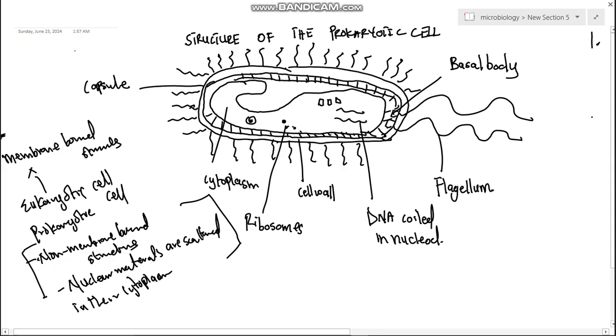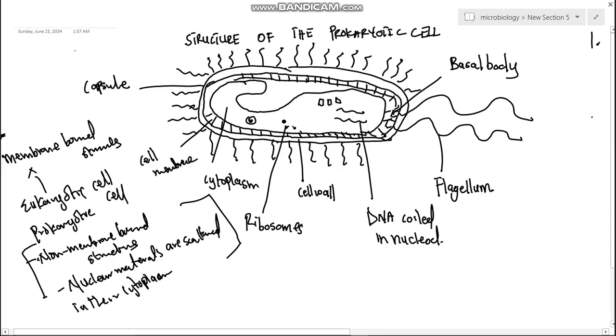We can see that we have the various parts like the DNA coiled into nuclei. This is the nuclear material. It is not enclosed in a nucleus, but it is scattered in the cytoplasm. Then they have ribosomes, cytoplasm, cell wall and cell membrane or plasma membrane.